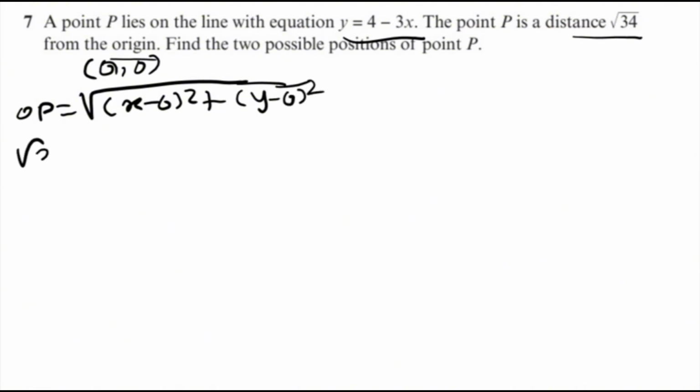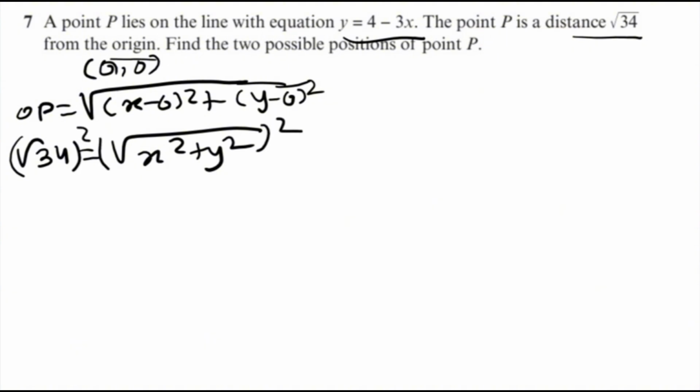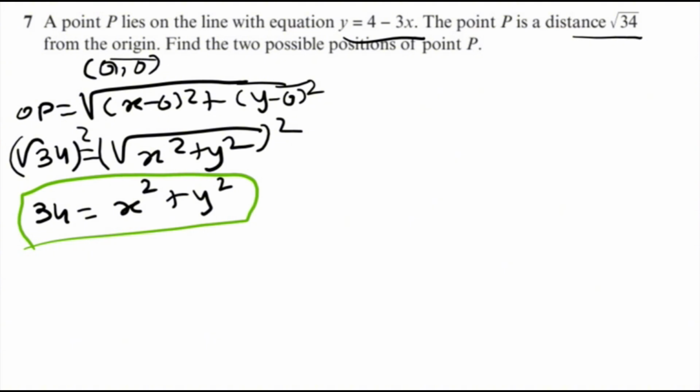And here root 34 is equal to square root of x squared plus y squared. Now I will square both sides to remove the square root. So 34 is equal to x squared plus y squared. So this is one equation I am getting by using the distance.